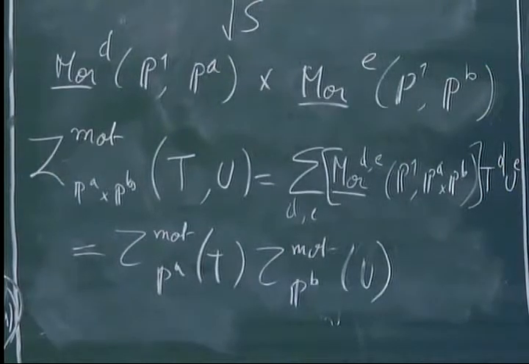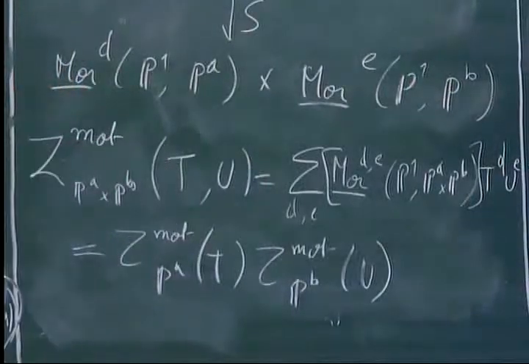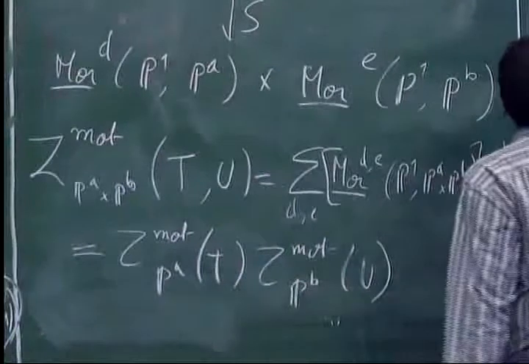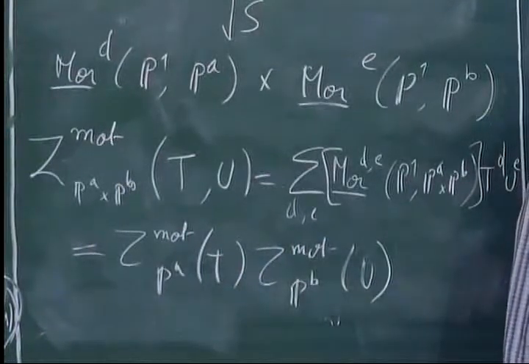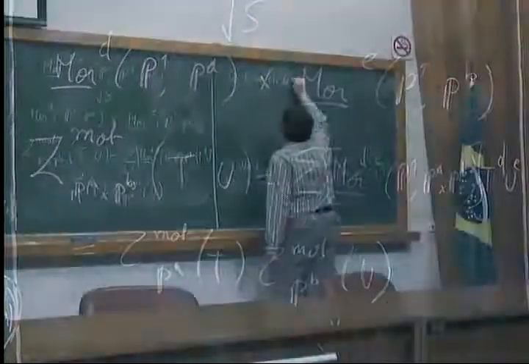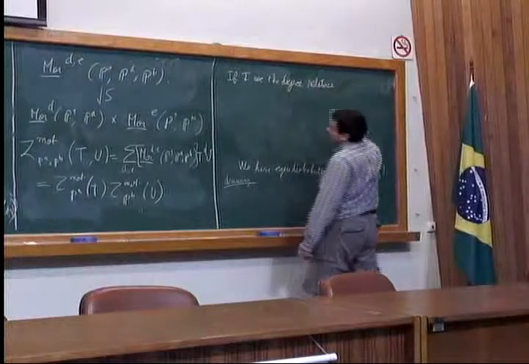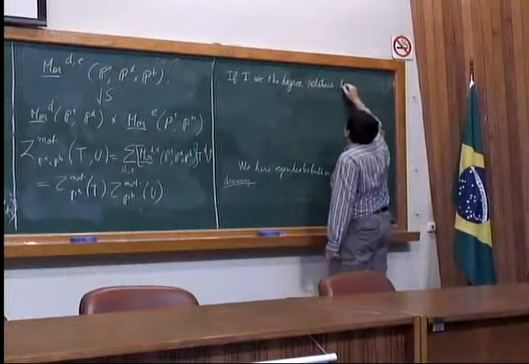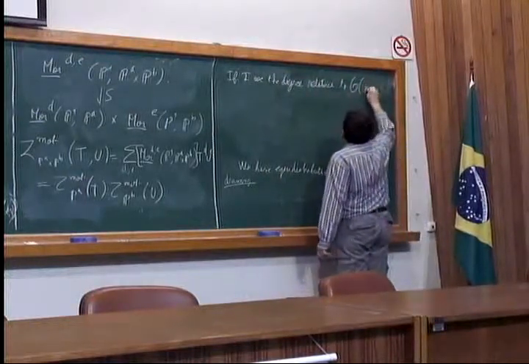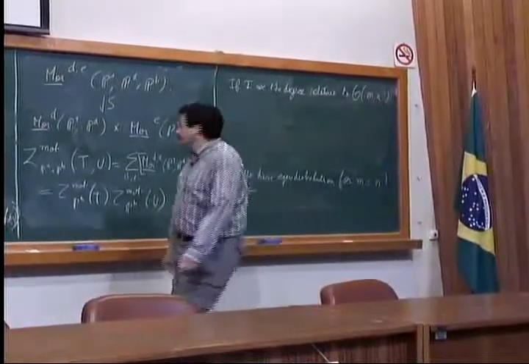So if I were to insist on using a single line bundle to measure the degree, then what do I get? If I use the degree relative to some ample line bundle O(m, n), what do I get?